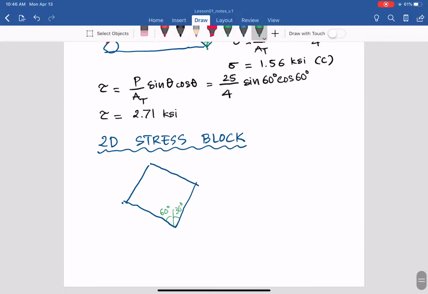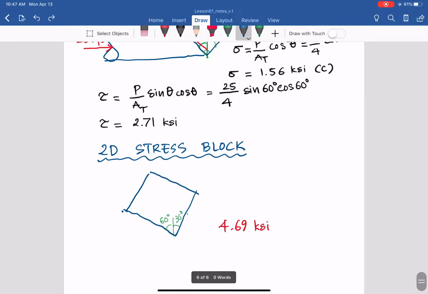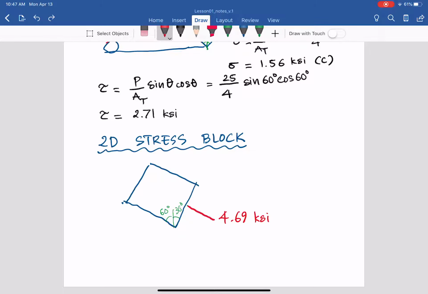So on that plane we have the normal stress of 4.69 ksi, and the shear stress going down, 2.71 ksi, for the plane that forms an angle theta equal to 30 degrees from the transverse.